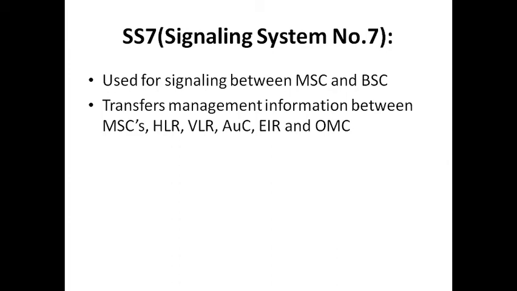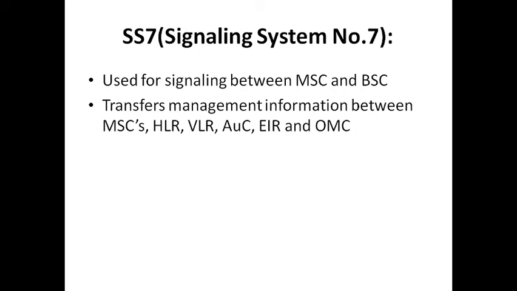So that is the reason it is called signaling system number 7. It maintains the signaling between MSC and BSC, and transfers the management information between all parts of the GSM architecture.